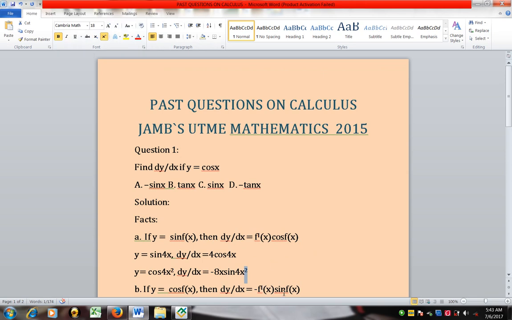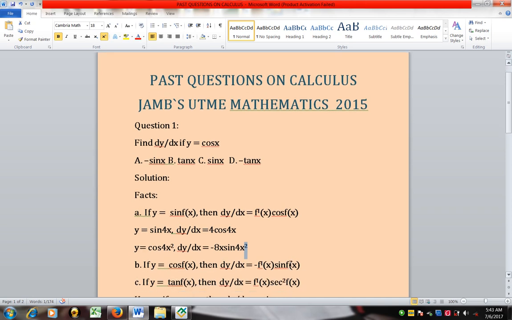That's the meaning of minus f prime of x sine f of x. When differentiating, you can see it was cos f of x that we had as a function. So we differentiated it and we have minus f prime of x sine f of x. So that's differentiation of the cos function.